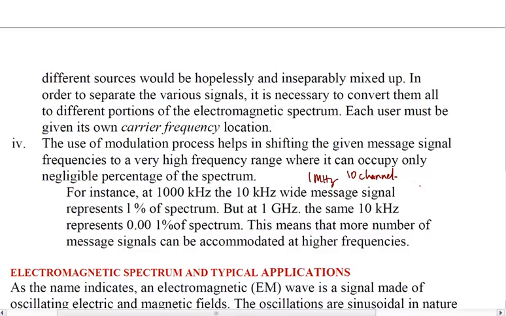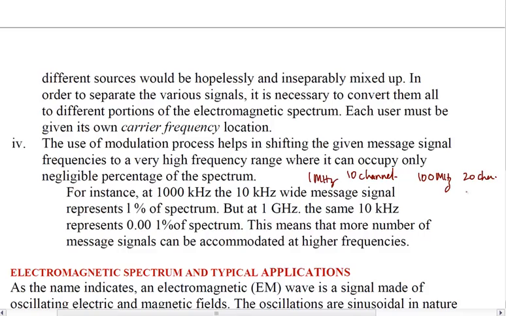You go further high, to the 100 megahertz range, you may have 20 channels available. Okay, why 20 channels? Because that many channels are available as you go up in frequency.